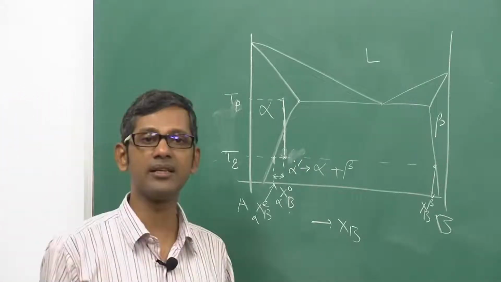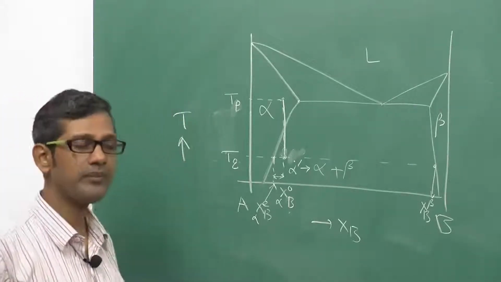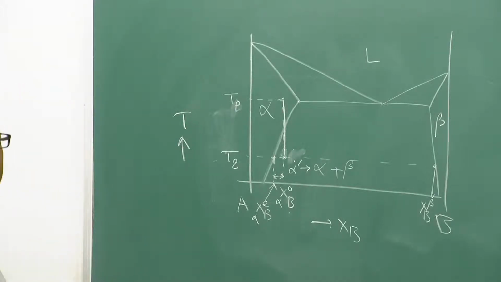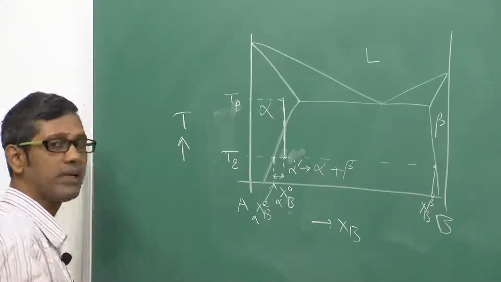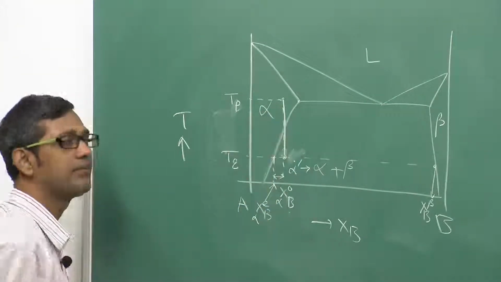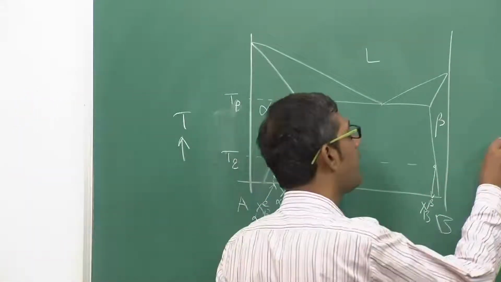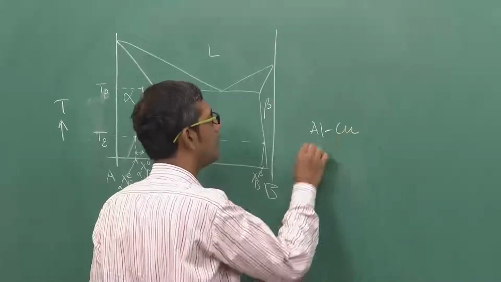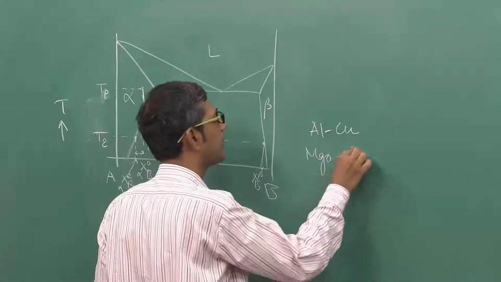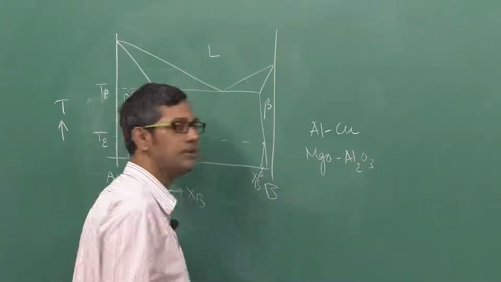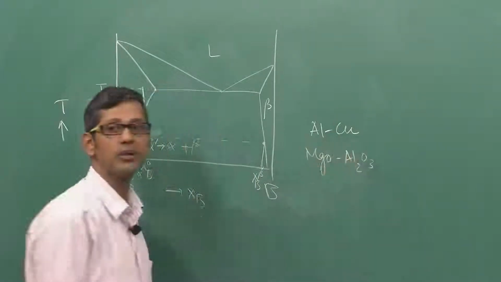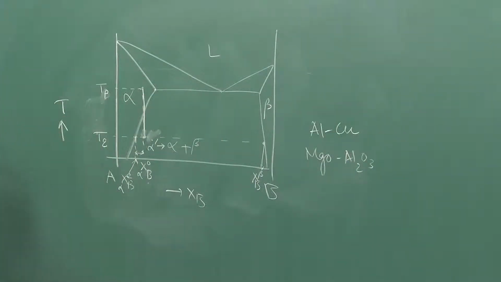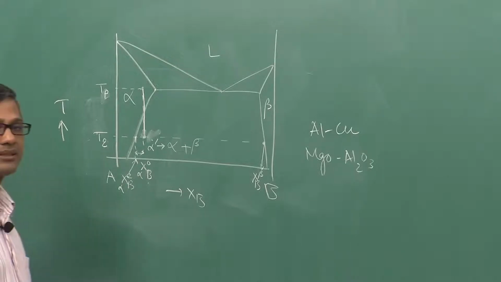So only in those phase diagrams, like aluminum copper, or in the case of magnesium oxide and aluminum oxide, these are the two classical systems, one metallic and one ceramic, does such a phase diagram exist. Aluminum copper and magnesium oxide, aluminum oxide are the two systems which show precipitation hardening extensively. So we are going to discuss mostly the aluminum copper system and tell you how nucleation and growth actually happen in the subsequent lectures.